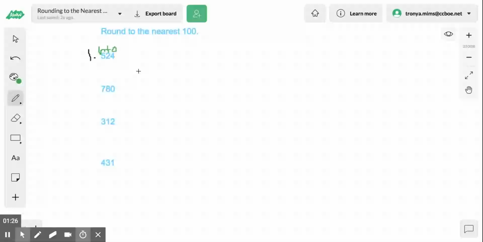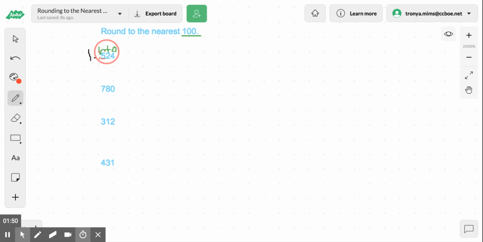Okay, so I just put the first letter of each one of those words. So ones, tens, hundred. Since we're rounding to the nearest 100, the first thing I want to do is find the hundredths place. So which digit is in the hundredths place? Right, the 5. The 5 is in the hundredths place.